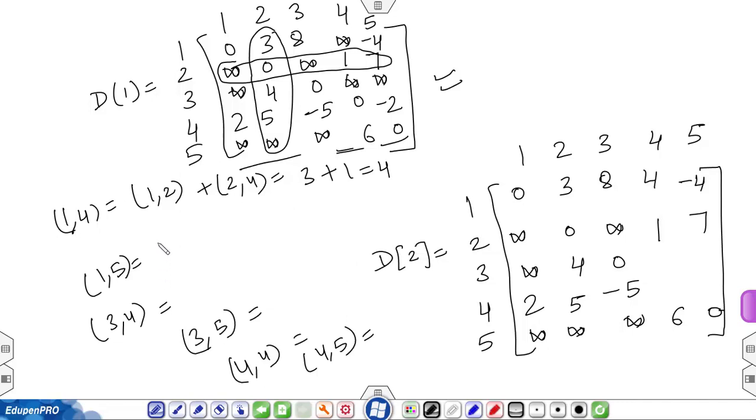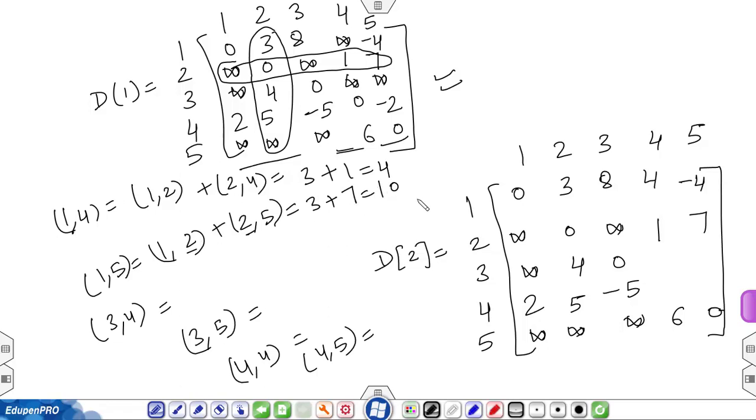1,5 combination is 1,2 plus 2,5. The combination you always take from the position wherever you are putting the value. For example, in this case I am going to put in the second row, second column. So that's why I am always taking the combinations through second. 1,2 value is 3 plus 2,5 the value is 7, right?